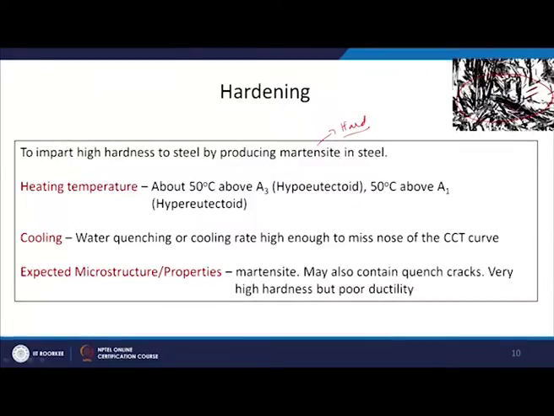Basically, this was not explicitly told to you when we were discussing the TTT curve. So, let me explain this idea to you. Suppose we are discussing the TTT curve here, and this is my martensite start temperature.